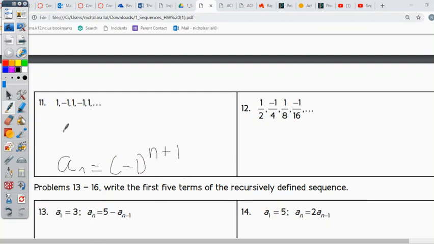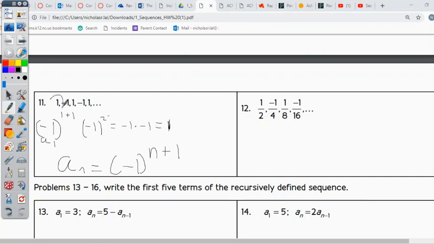Let's check this out. For our first term, so for a_1, we would have negative 1 to the 1 plus 1 power. So negative 1 squared is equal to negative 1 times negative 1, and negative times negative is positive, so that's equal to positive 1.